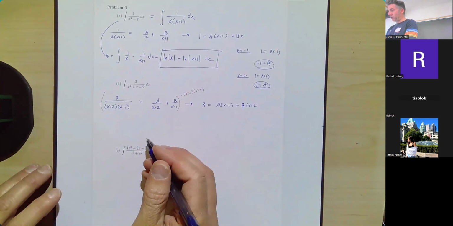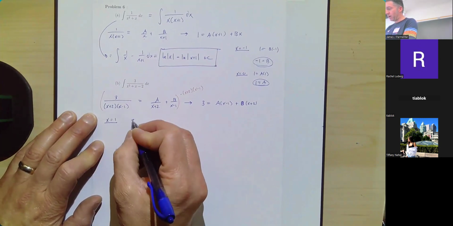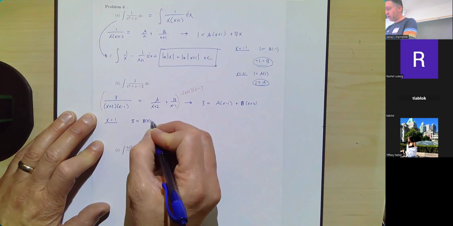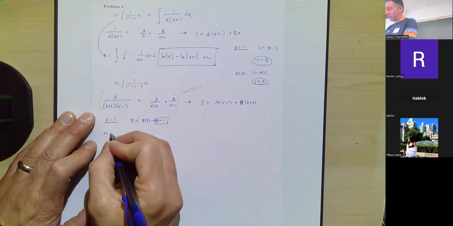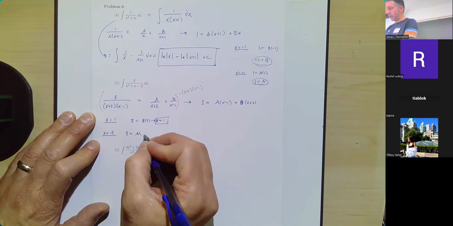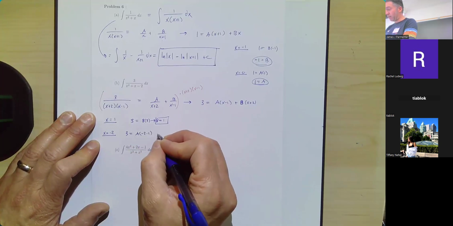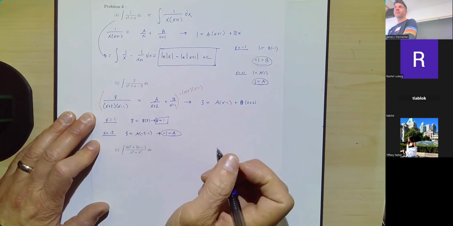Same deal here. I'm going to use the convenient values of x. If I let x equal 1, I have 3 on the left equal to a times 0 plus b times 3. So I get b equal to 1. If I let x equal -2, I get 3 on the left equal to a times -2 minus 1, which is -3. So 3 divided by -3 gives me that -1 is equal to a.